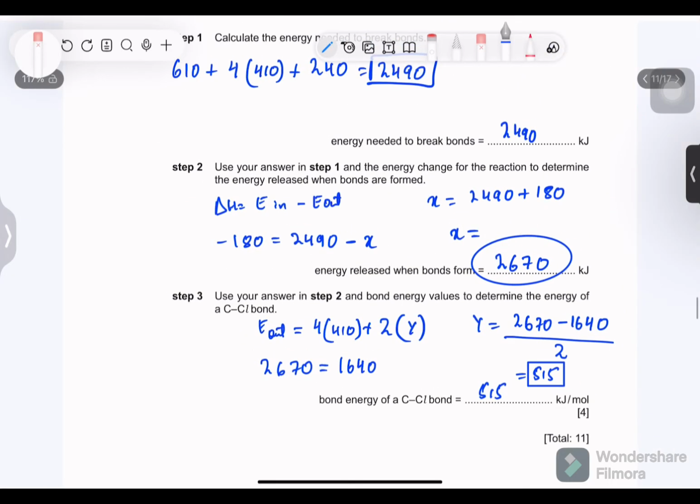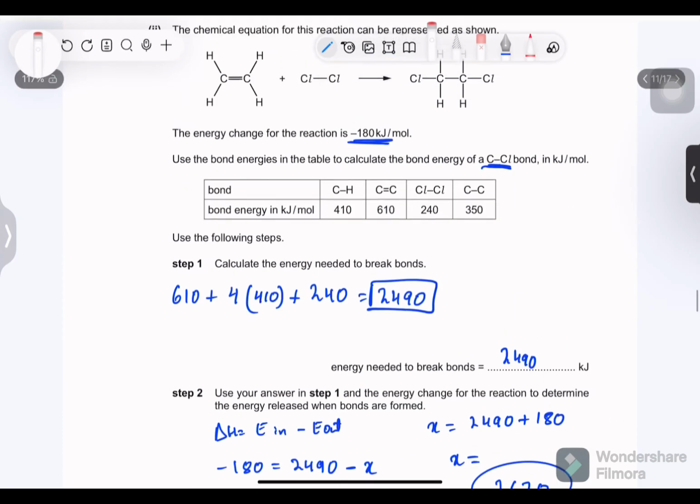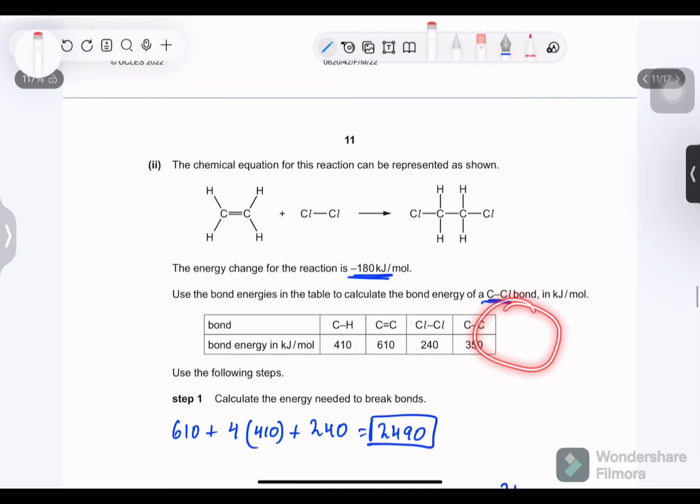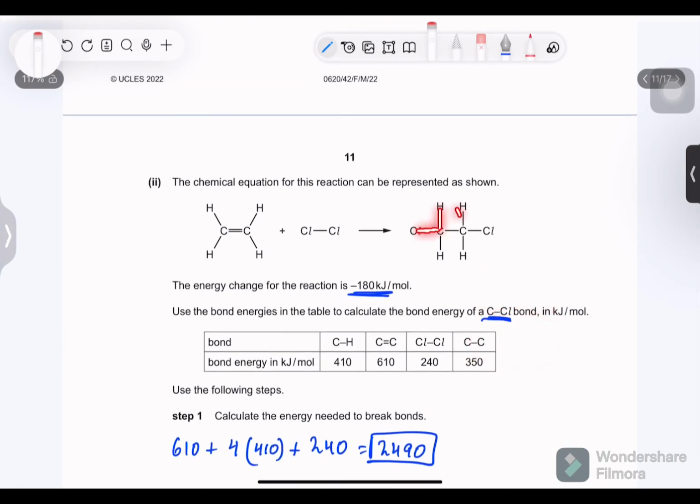Now what we needed was the individual bond energies on the product side, because the energy released over here is the total of this. The sum of all these energies is the energy released while these bonds formed.